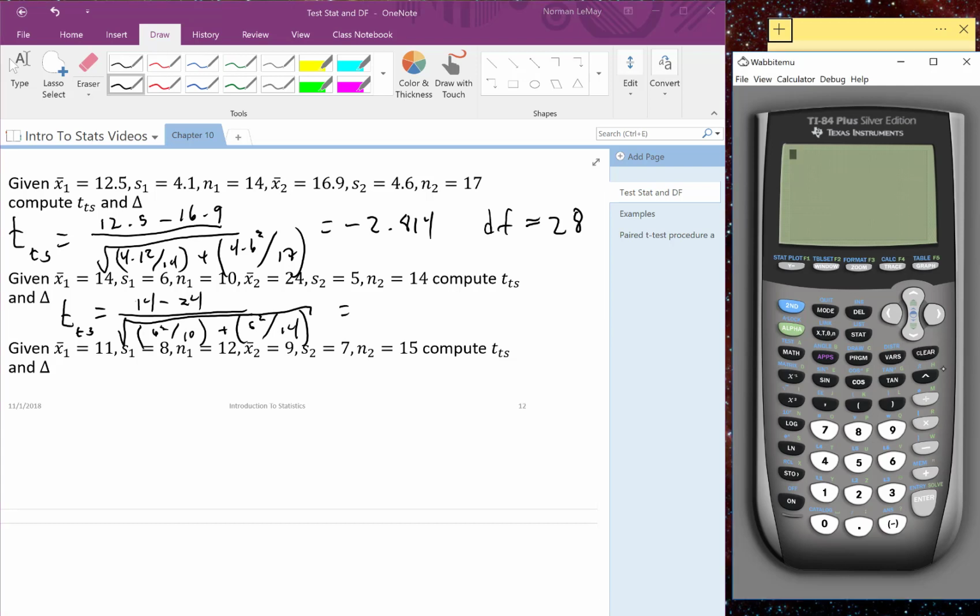Coming over here to our handy dandy calculator, 14 minus 24, enter, divided by the square root. Now I'll put another open bracket, 6 squared divided by 10, plus 5 squared divided by 14, close, and then close again. So here we get negative 4.309.